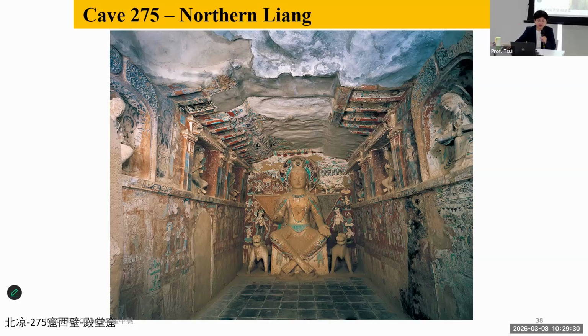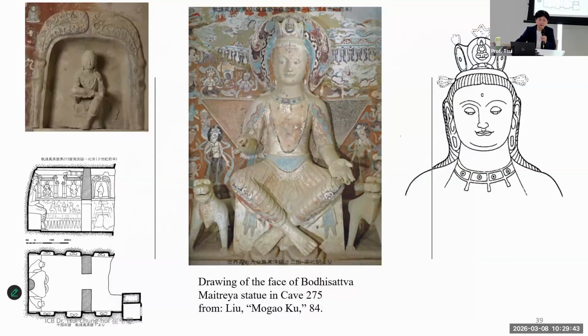Inside the cave, it conveys a very clear idea of the concept of the three generations of Buddhism. And in the main altar, we have the image of Maitreya Bodhisattva.